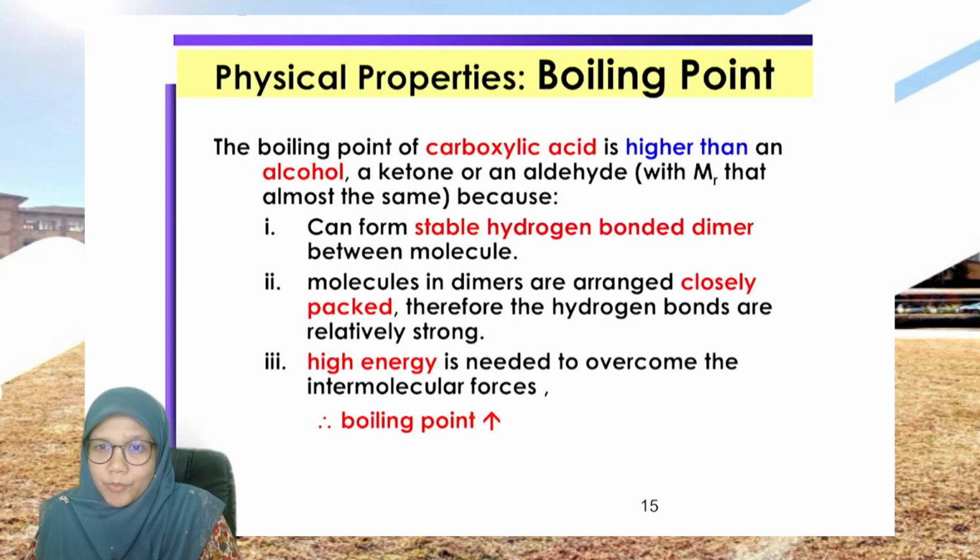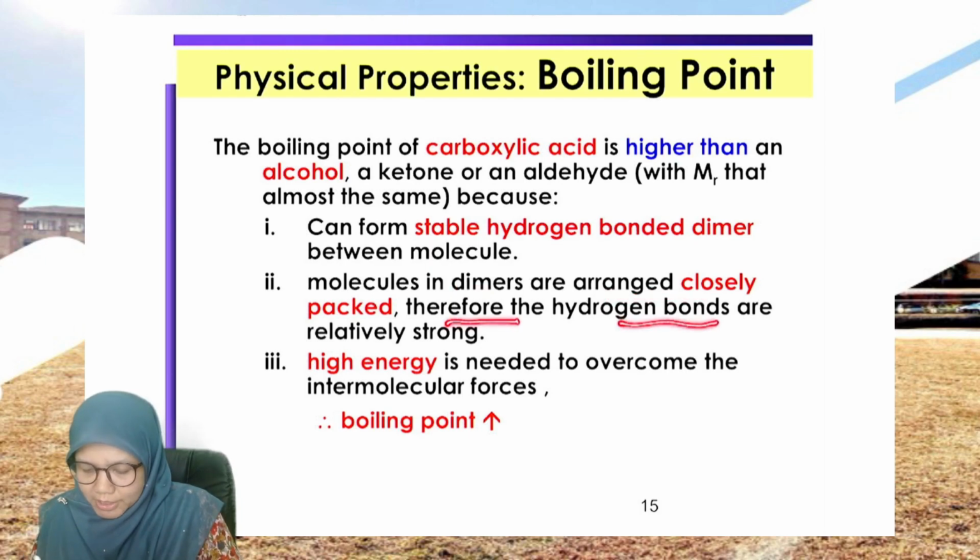Physical properties, boiling point. The boiling point of carboxylic acid is higher than an alcohol, a ketone, or an aldehyde. Remember, with molar mass or relative molecular mass almost the same, because the carboxylic acid can form stable hydrogen bonded dimer between molecules. Molecules in dimers are arranged closely packed.